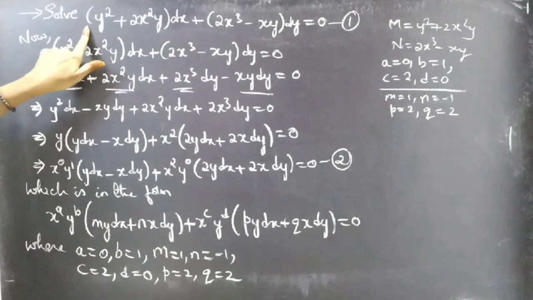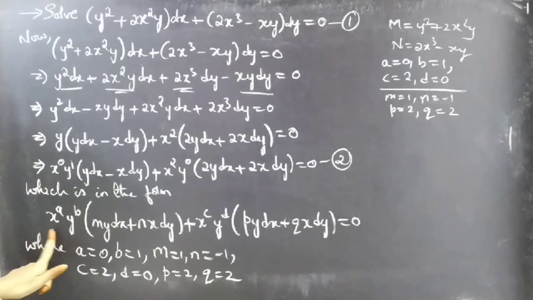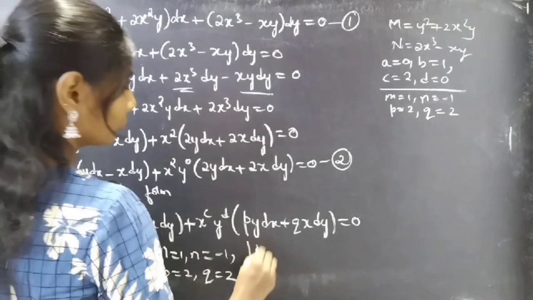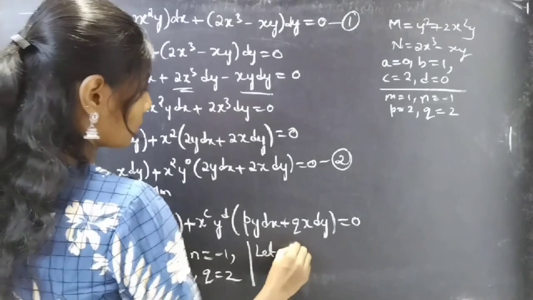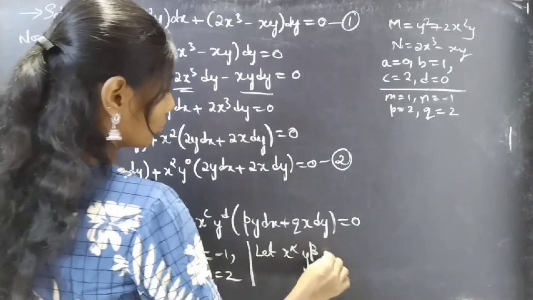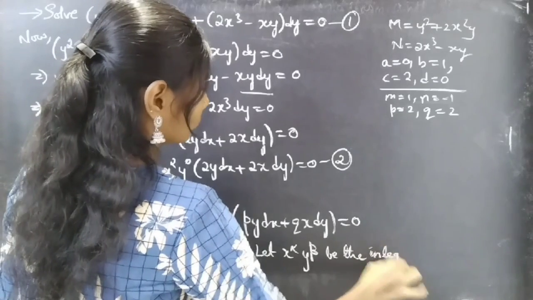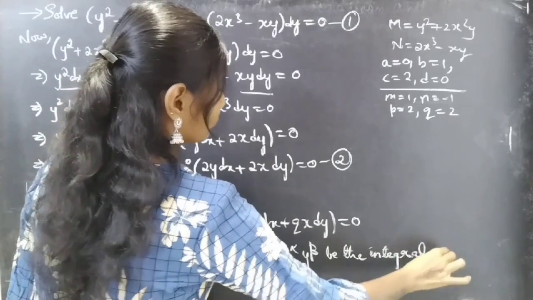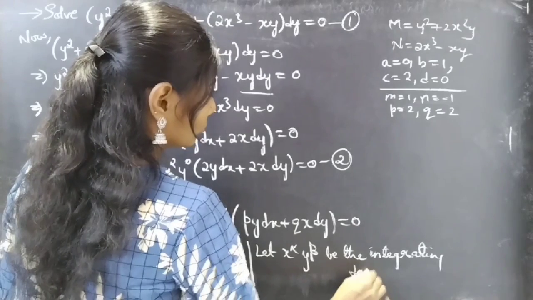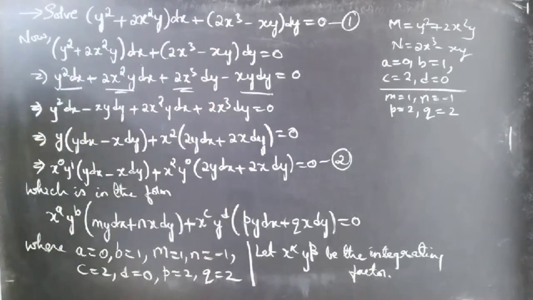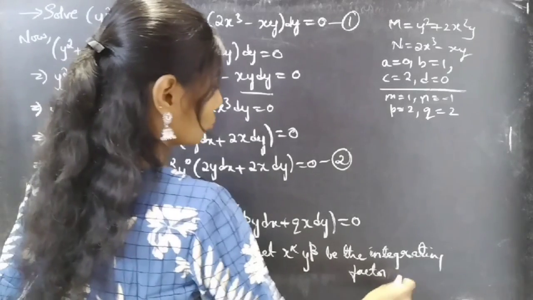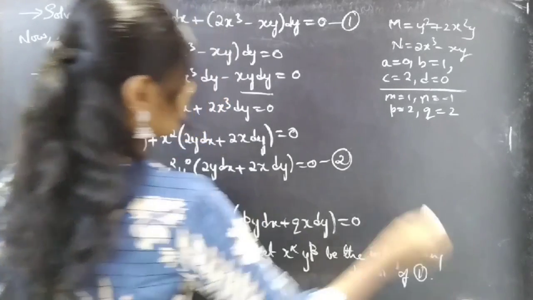Since the given differential equation can be written in this form, here x power alpha, y power beta is the integrating factor. Let x power alpha, y power beta be the integrating factor of equation 1, that is the given differential equation.